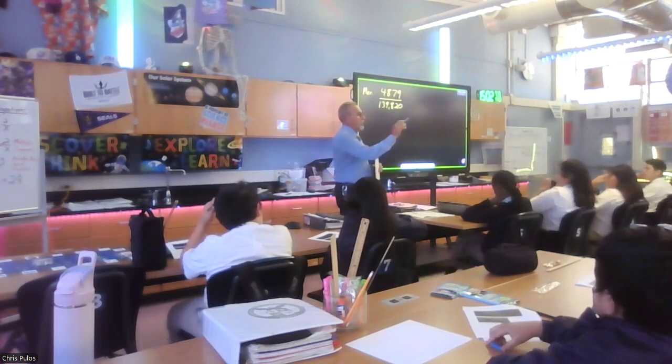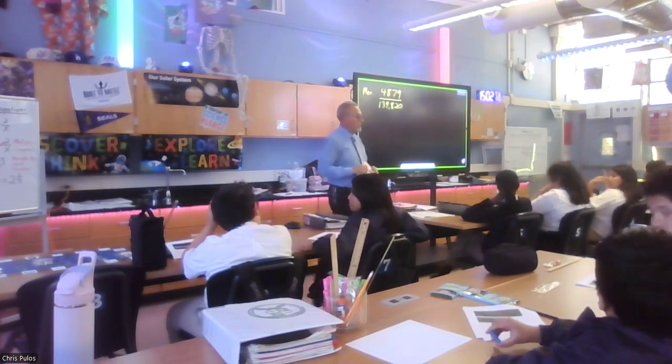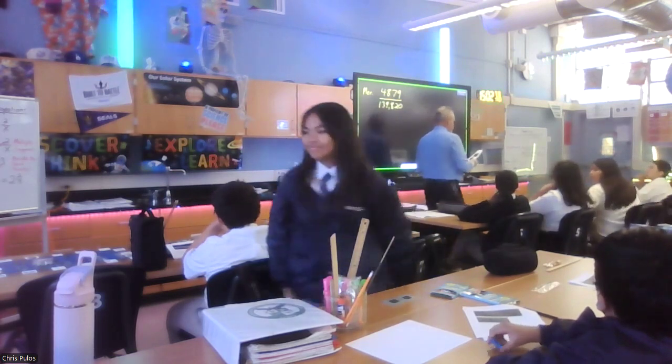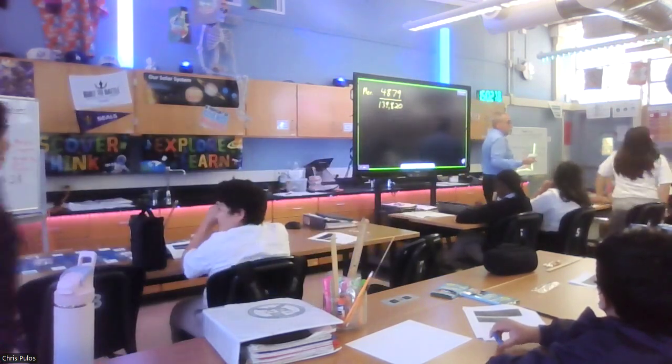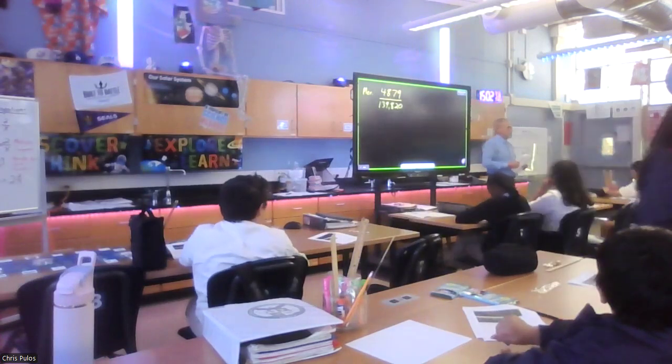So can I get one person from each table? Can you go up and grab several of the calculators, and let's hand those out to the students. So you can use calculators. If you have a calculator, you can use it.